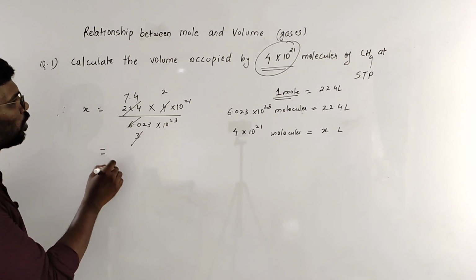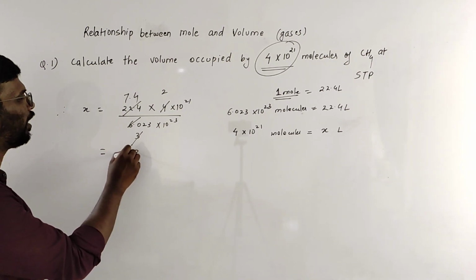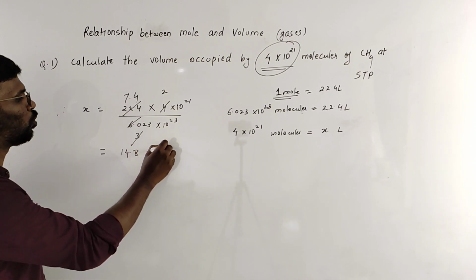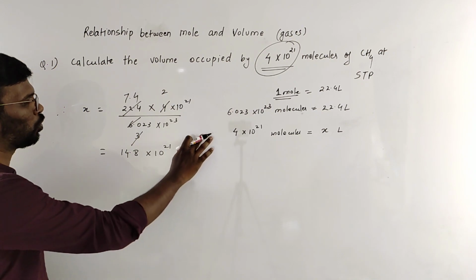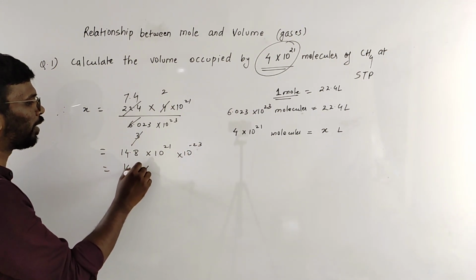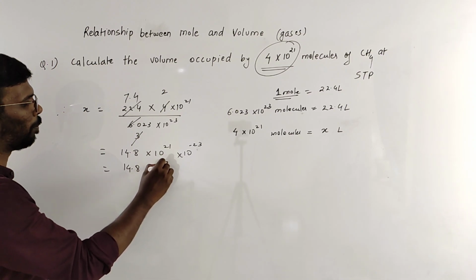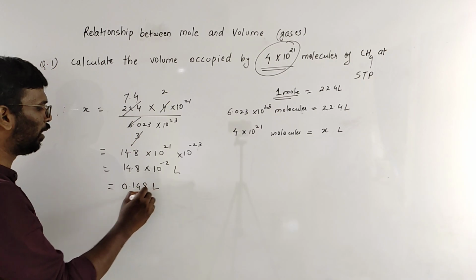So this will be 14.8 into 10 raised to 21, and the 10 raised to 23 will go on top as 10 raised to minus 23. So this is 14.8 into 10 raised to minus 2 liter, which is equal to 0.148 liter.